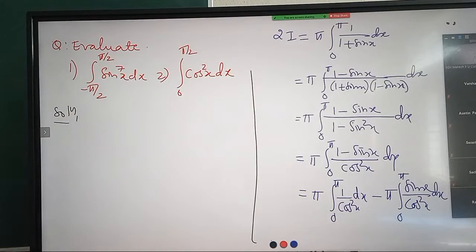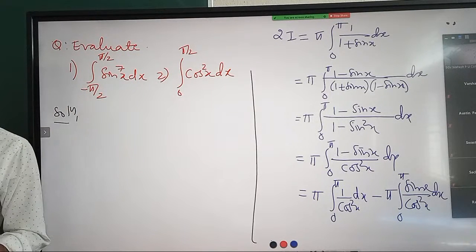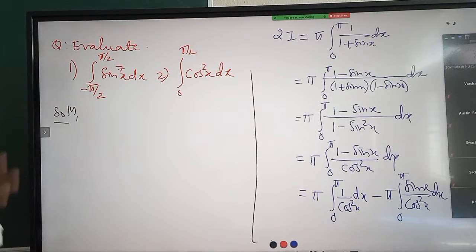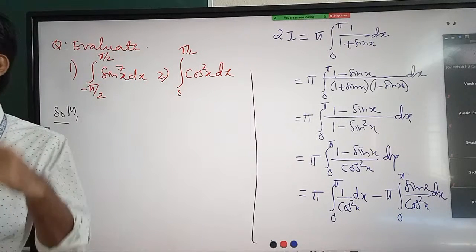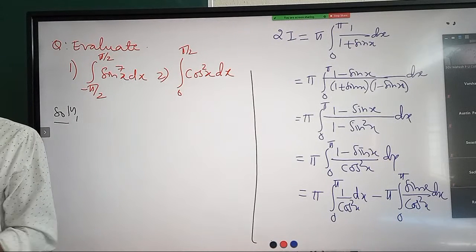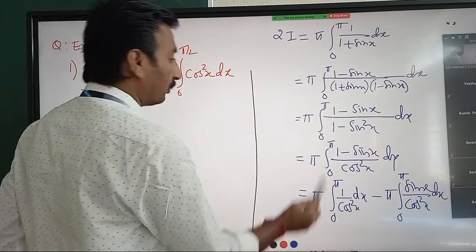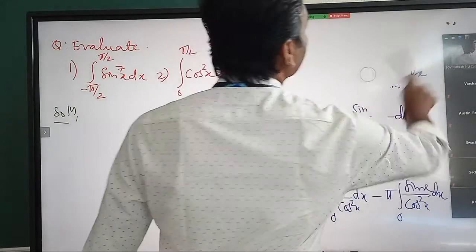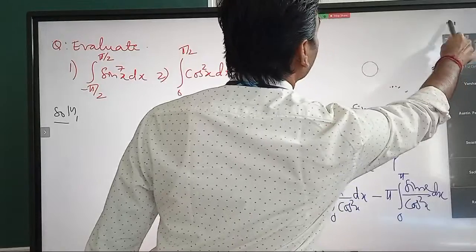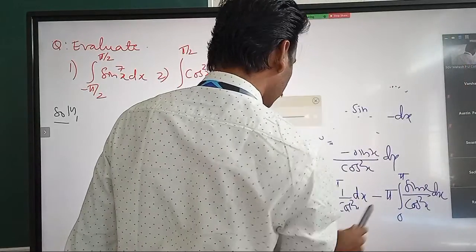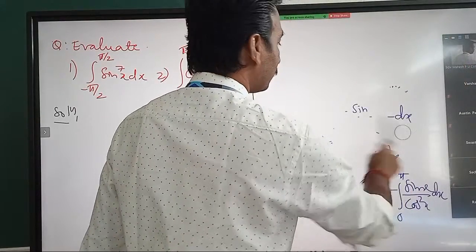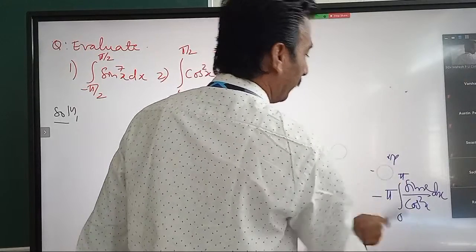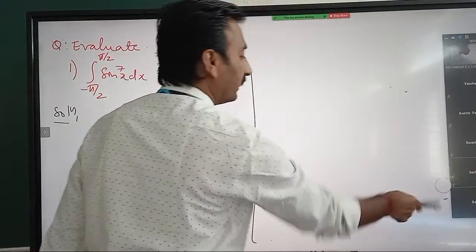So the first problem has limits minus pi by 2 to plus pi by 2 given for us. It is exactly the similar case, the minus a to a f of x dx property. But a very important thing to remember about this property is that there are two answers for it. One is 2 times the integral from 0 to a of f of x, and another one is 0.